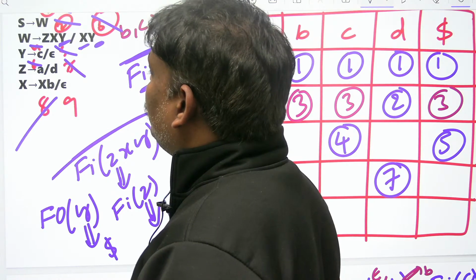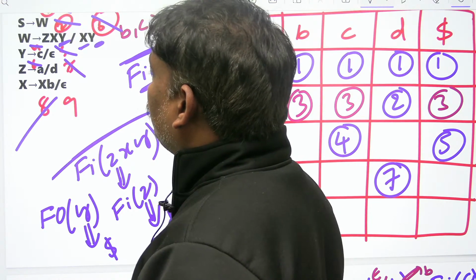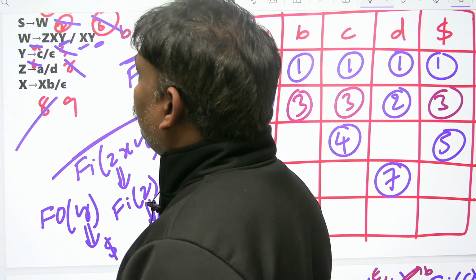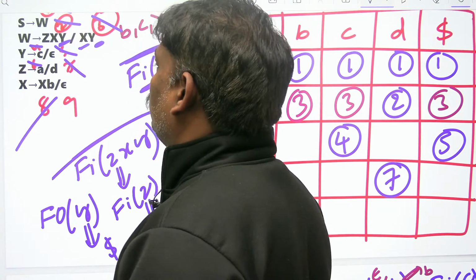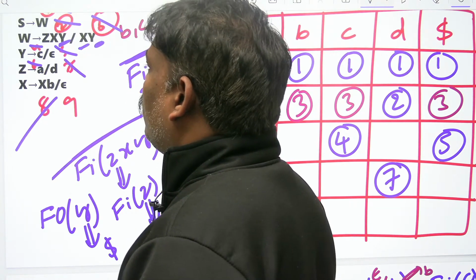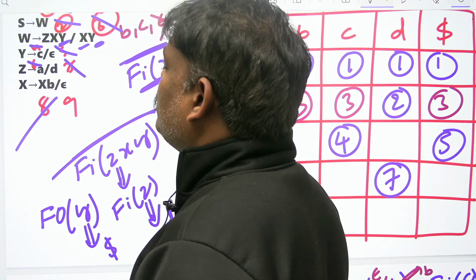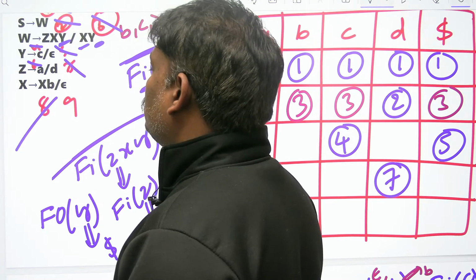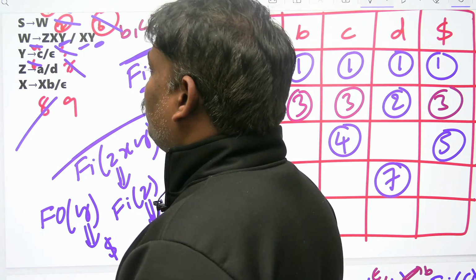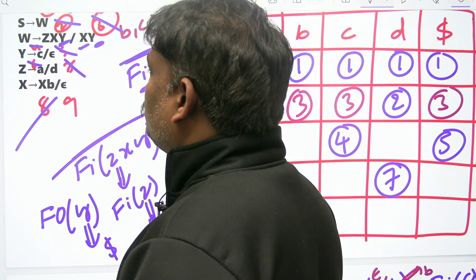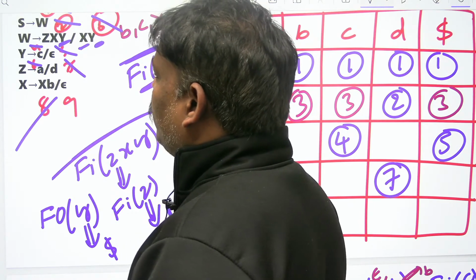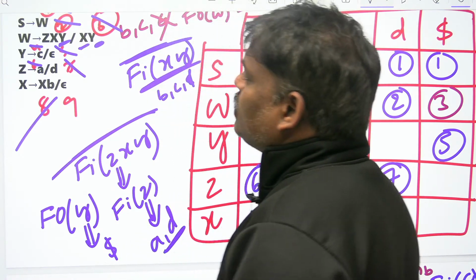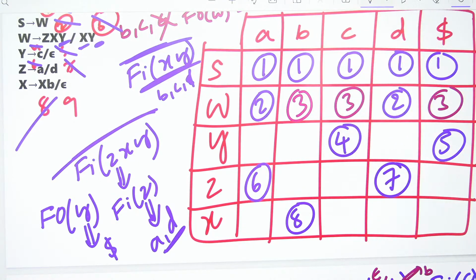What is the first of y? C, because of epsilon. Follow of w also. Y is going to be c and epsilon. Because of epsilon, follow of w also, which is dollar. So I think the answer is going to be c and dollar.